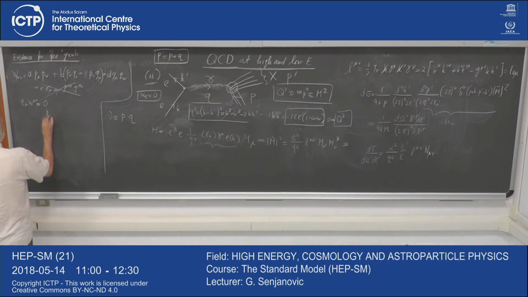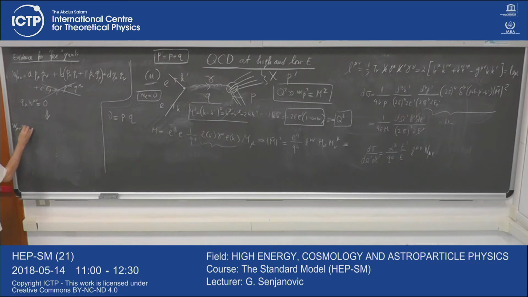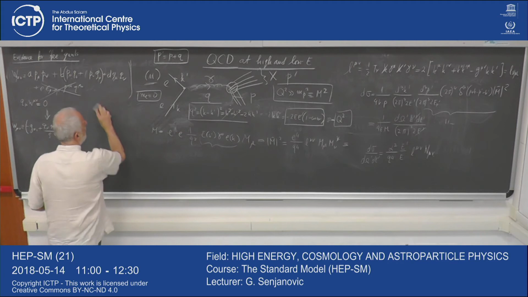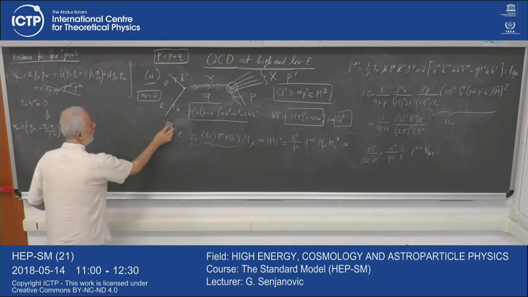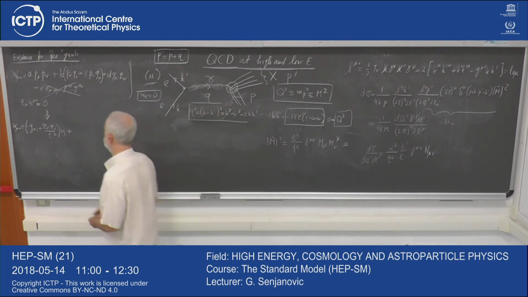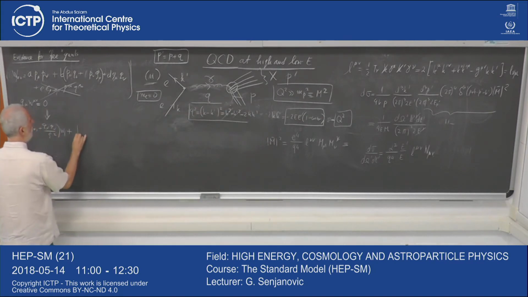And you find only two coefficients. W mu nu is written like this: minus g mu nu plus Q mu Q nu over Q squared, times W1. It's just a way of writing. There is nothing here. And the other one is written as P mu.